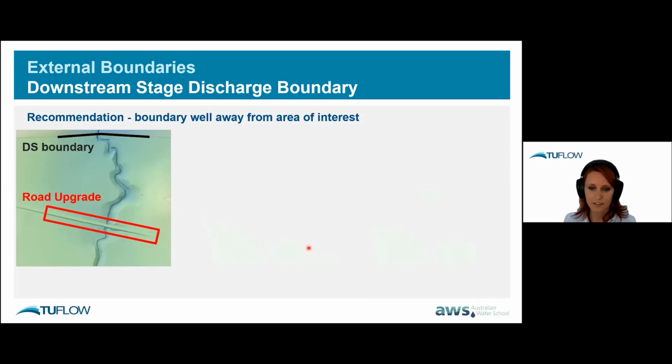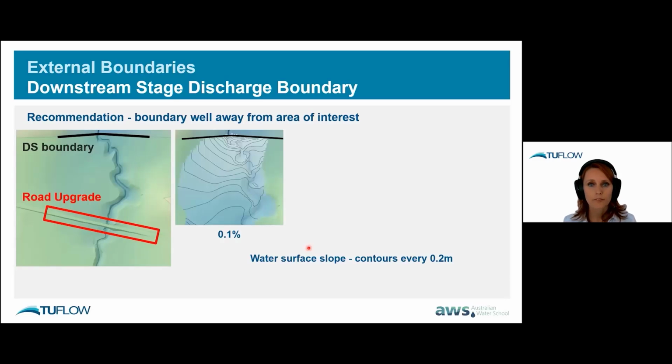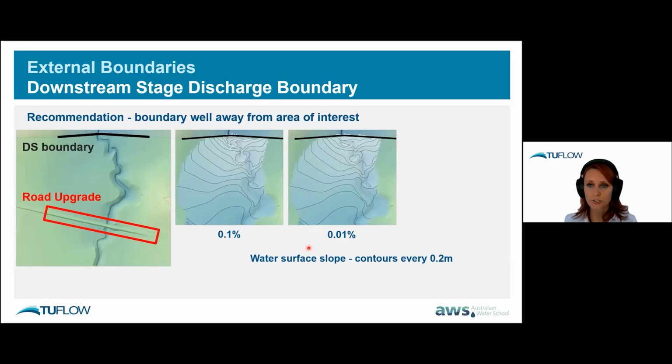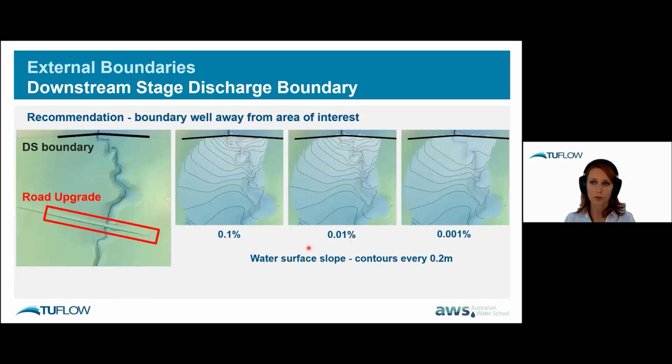We could also assess the slope by comparing the water level contours. Here I have contours on water level every 0.2 meters. And if we look at these 3 examples, it is visible that for the steepest boundary, the water level contours are getting too fine at the location of the boundary, which means that the boundary will be sucking down the water level a bit too much.